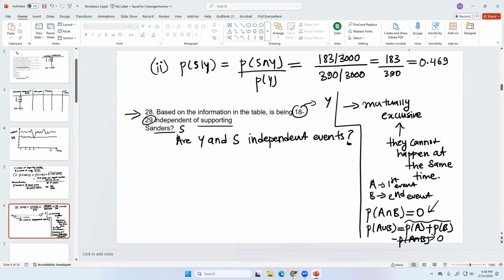Now, independent means the probability of one outcome is not affected by the other outcome.